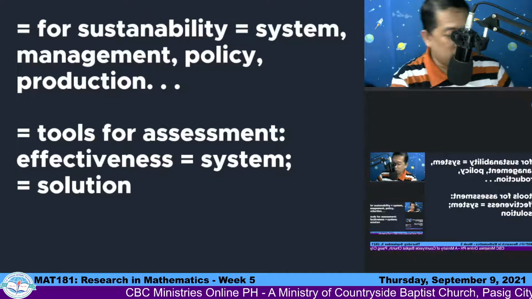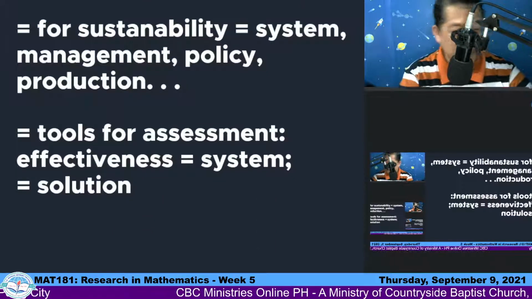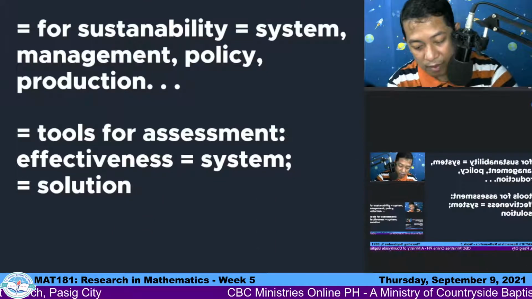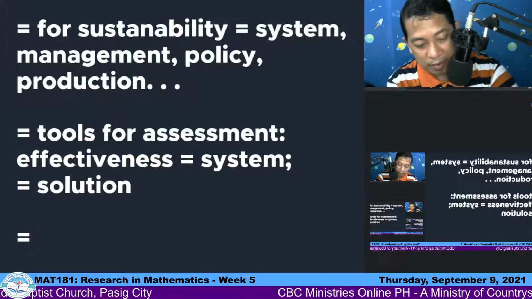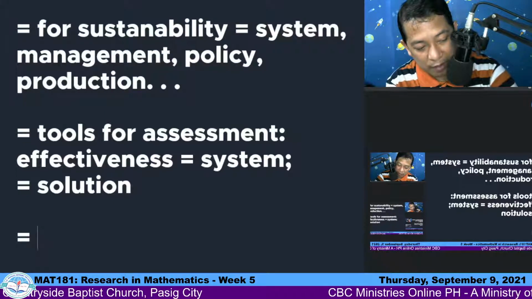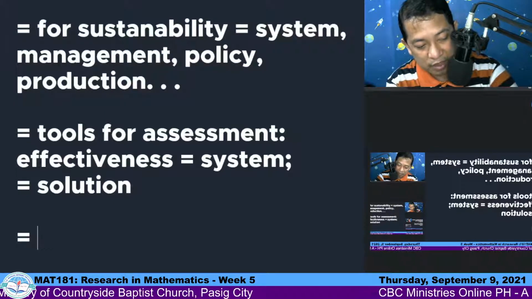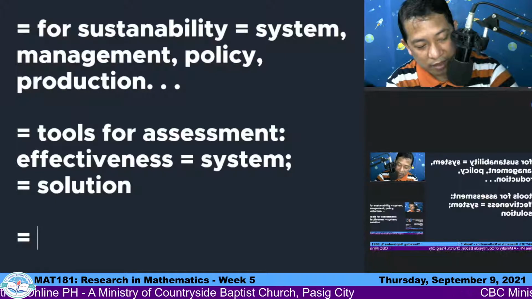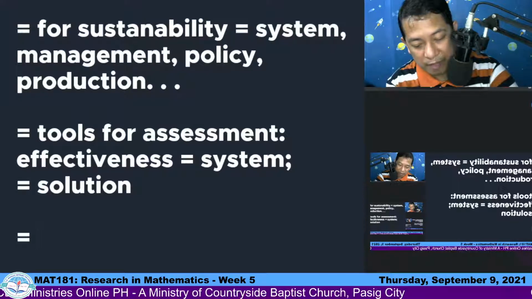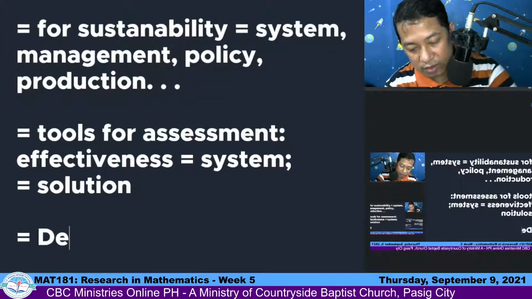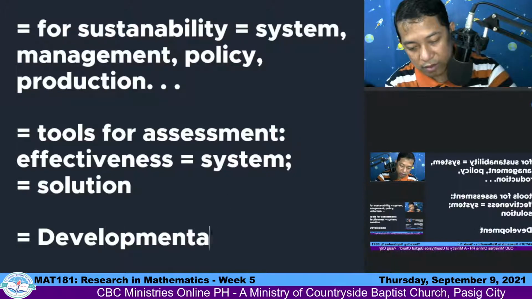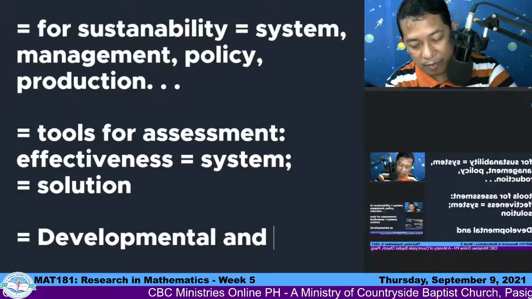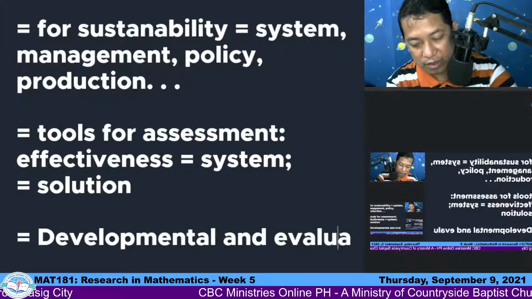All right. So then another category of purposes of research: it develops and evaluates alternative approaches to the educational aspect in any discipline. So it's more of developmental research and evaluation research.